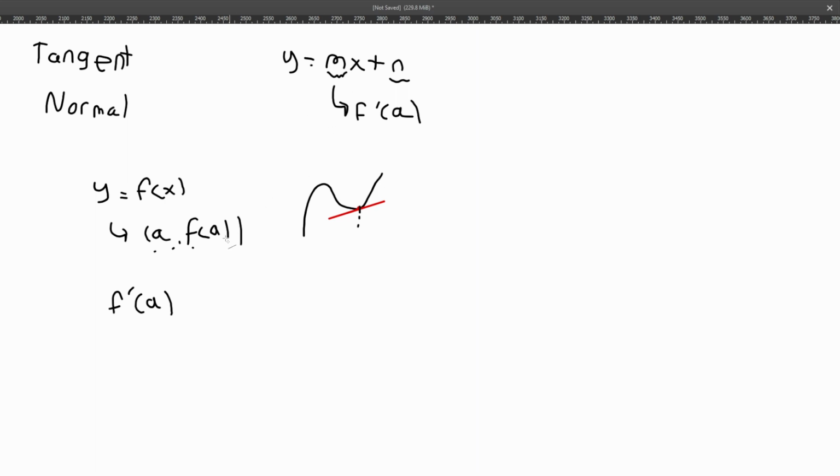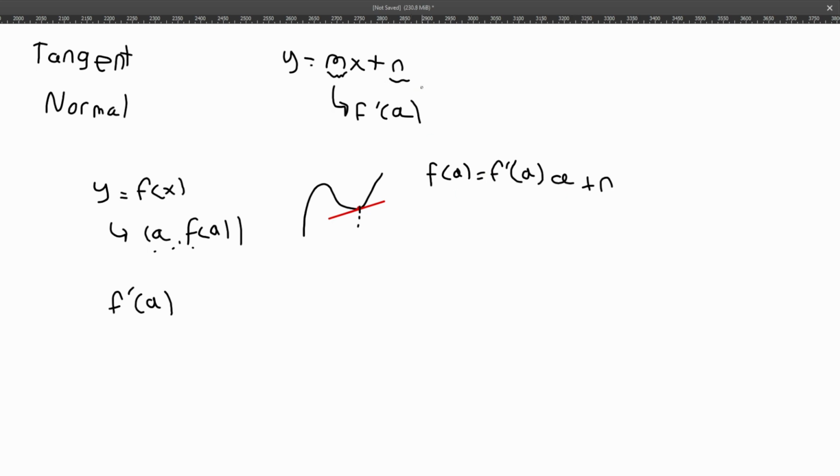So f of A must equal f prime of A multiplied by x, which is A, plus n, and using that you can figure out the value of n.